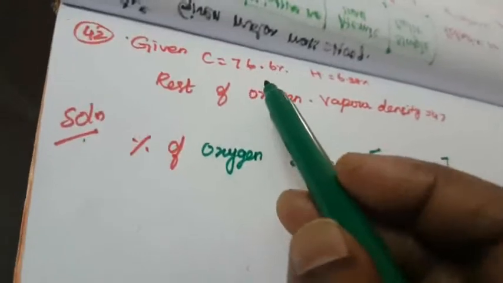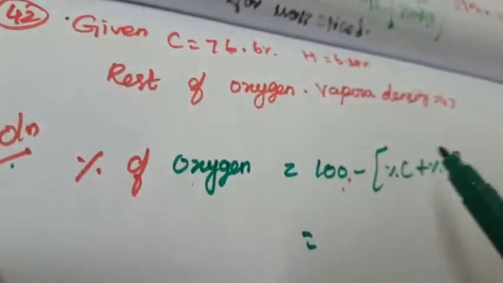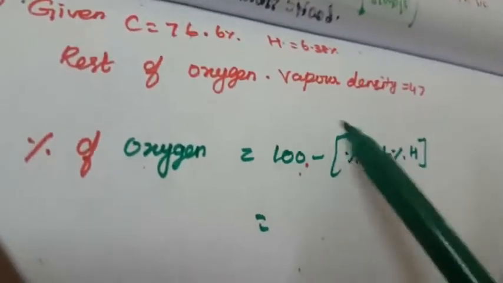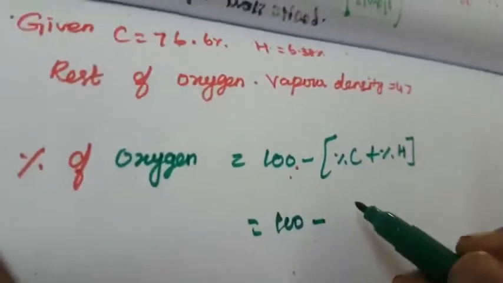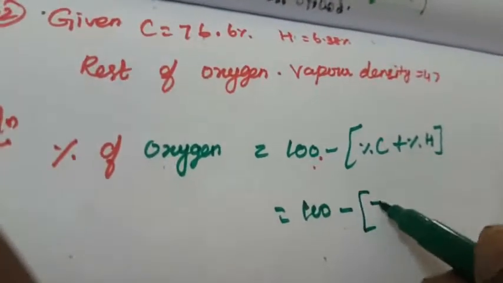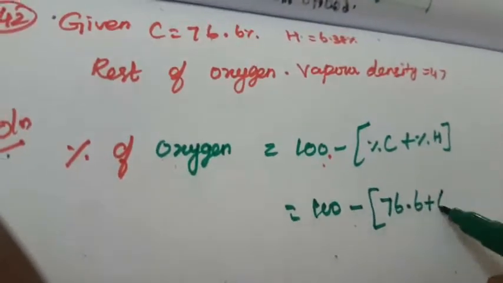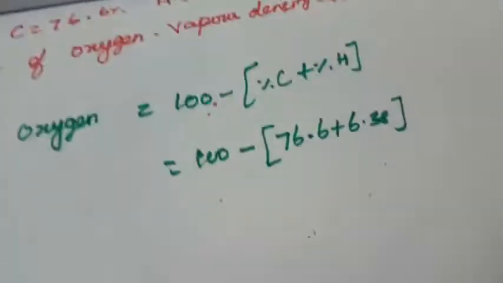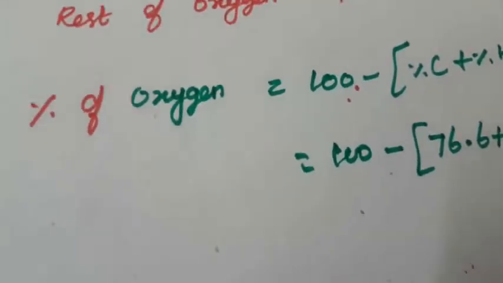The total percentage of the compound is 100, so the rest, oxygen, is 100 minus the remaining percentages added together: 100 minus 76.6 plus 6.38. Now you add and subtract. What is that answer?